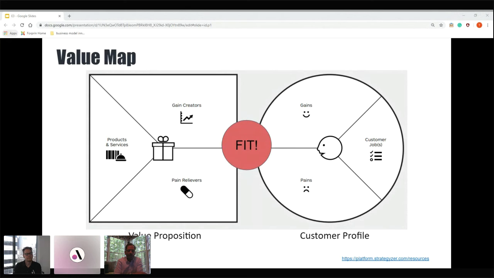On the customer profile, we like to think about things like gains, which describe the outcomes that the customer wants to achieve. And again, this is thinking from the customer's perspective, independent of a solution. What are they trying to do? What tangible things are they seeking to accomplish? Think about it in terms of customer pains. So what's preventing the customers from achieving their goals?